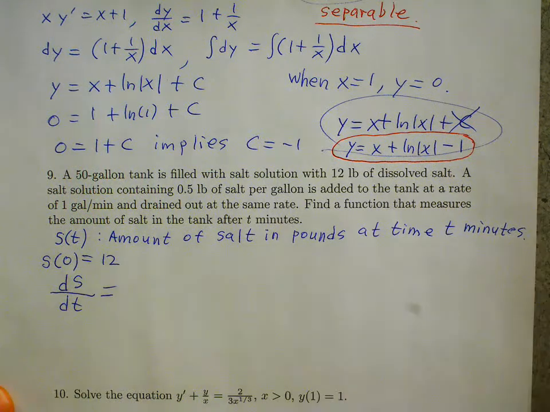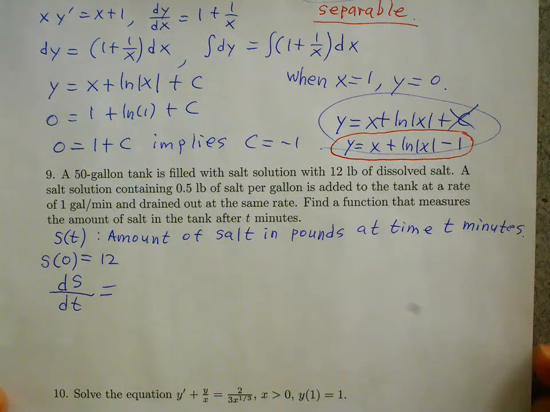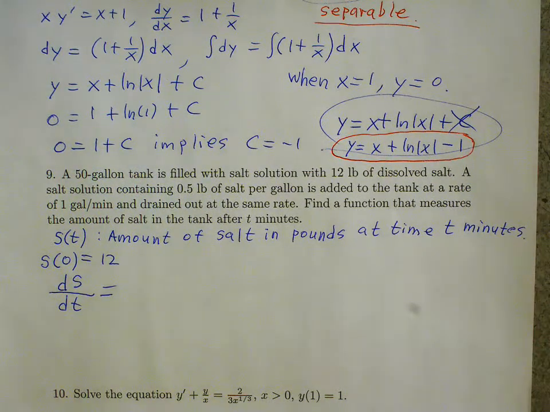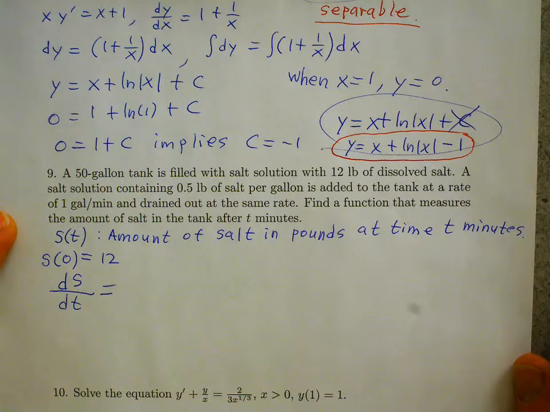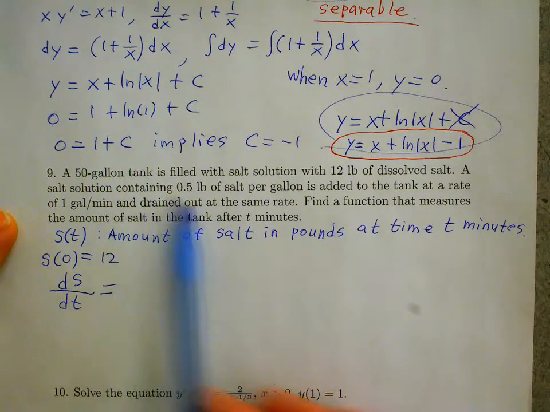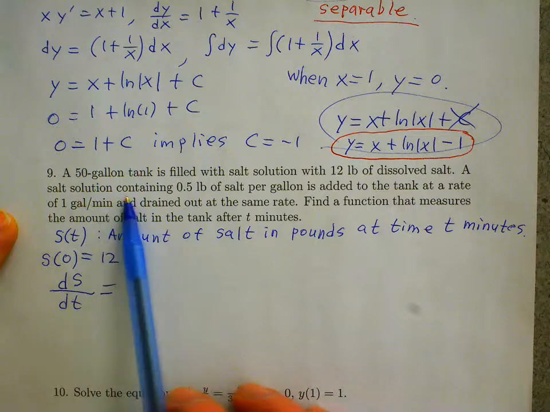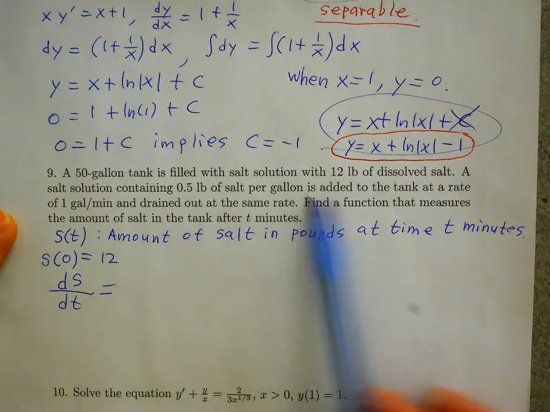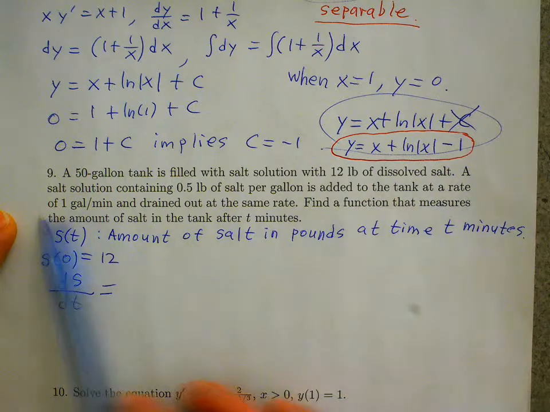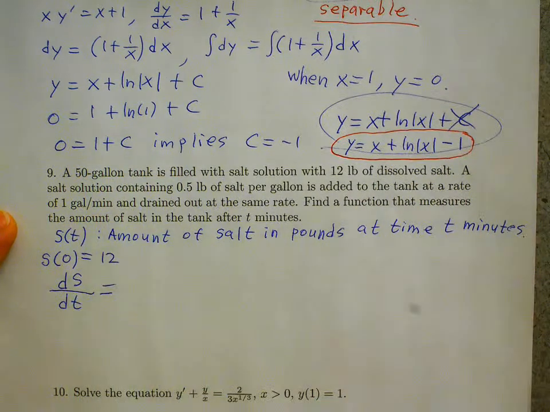So we have a rate going in and a rate going out. Okay, the rate in: salt solution containing 0.5 pounds of salt per gallon is added to the tank at a rate of 1 gallon per minute.